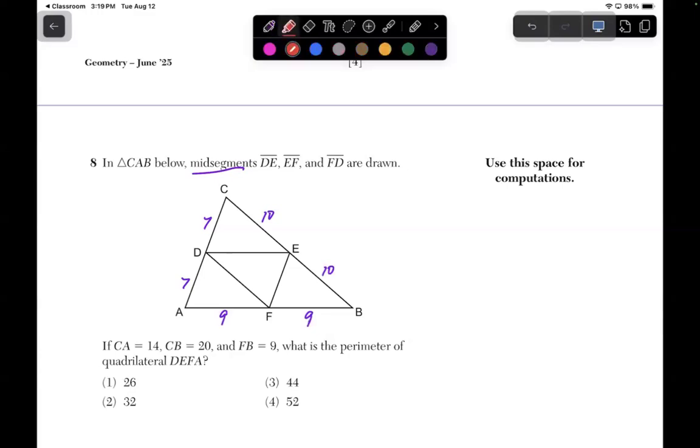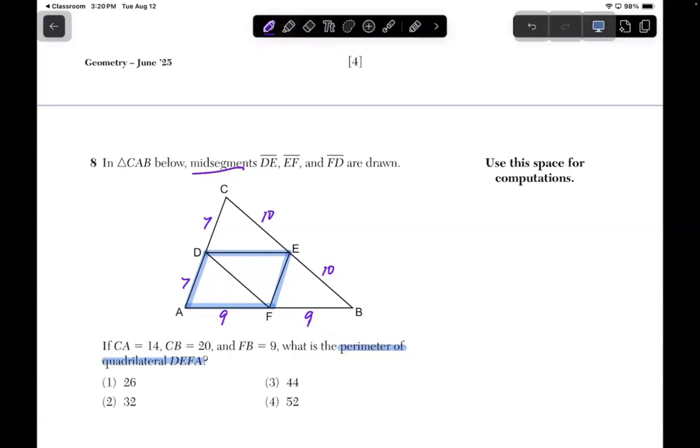And what am I looking for? I'm looking for the perimeter of quadrilateral DEFA. So D to E to F to A. I want this perimeter. So I know two of the sides already. Since all of these triangles are the same, and the reason being is because they're all congruent.